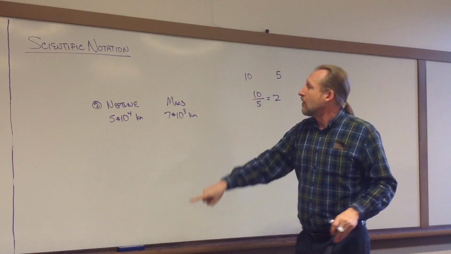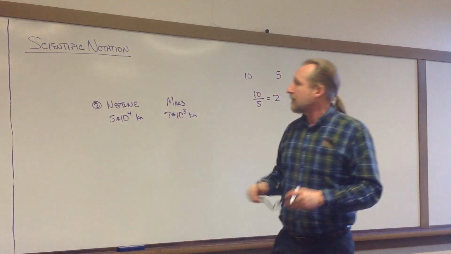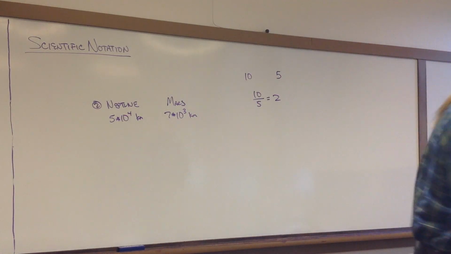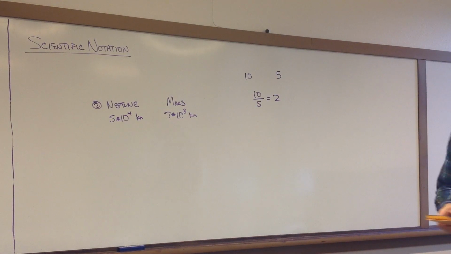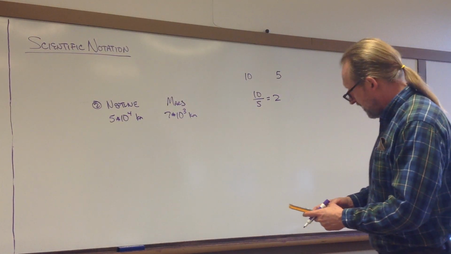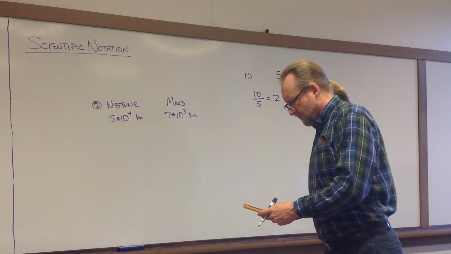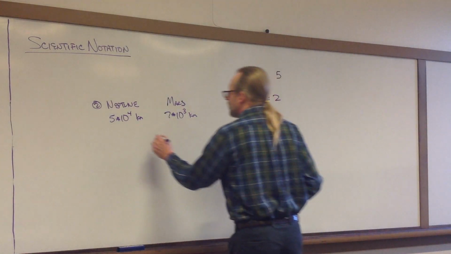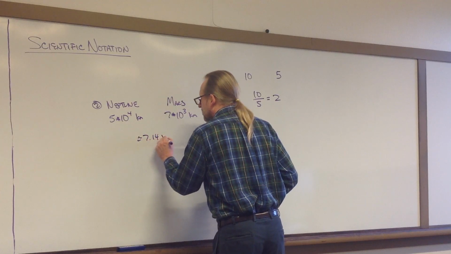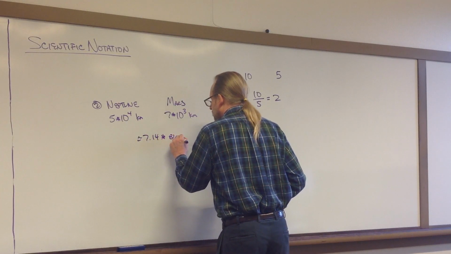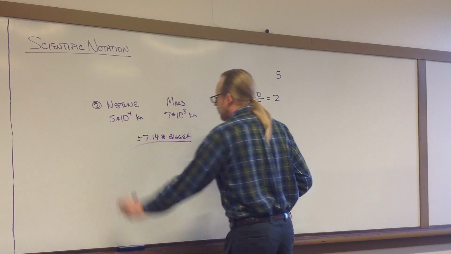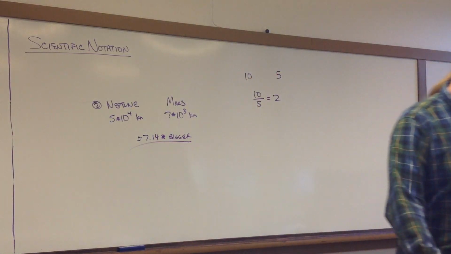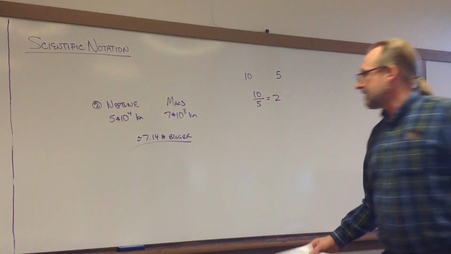So we're going to divide the diameter of Neptune by the diameter of Mars. 5e4 divided by 7e3. And we get about 7.14 times bigger. Neptune is about 7.14 times bigger, and that's choice A.